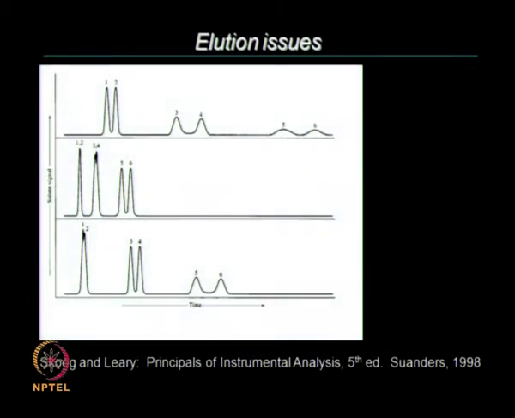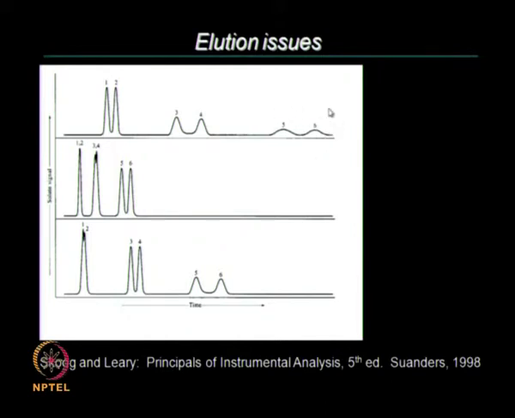Okay. When you are doing HPLC, and if this solute mixture contains several components, life is not going to be very simple where you get individual peaks well separated out, but it is going to be very problematic. Say for example, it may be like this, you get very good peaks for component 1, 2, after some time you get component 3 and 4, but component 5 and 6 is coming very late and it is very broad.